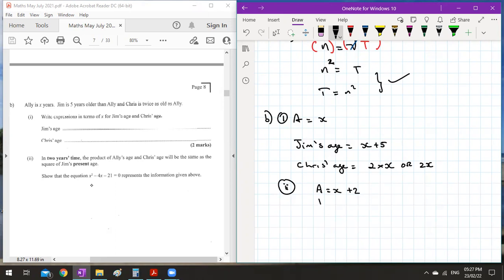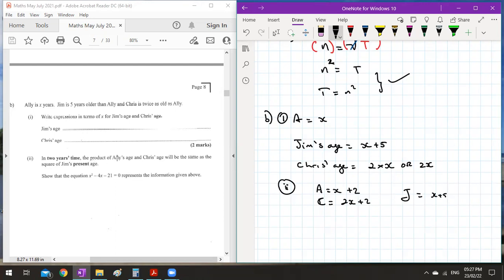And Chris is 2x, and in 2 years' time he'll be 2x plus 2. And they want to use Jim's present age. So Jim's present age is x plus 5.